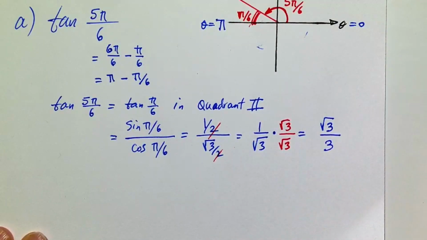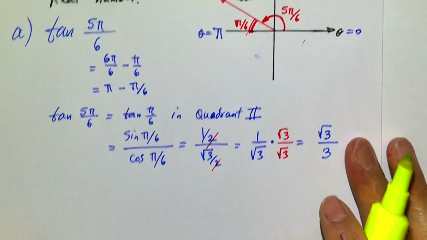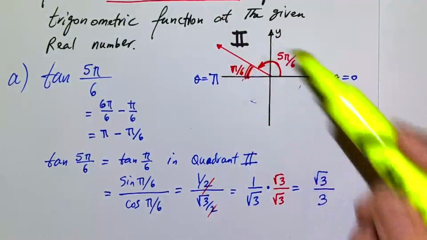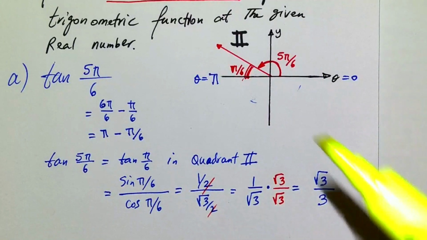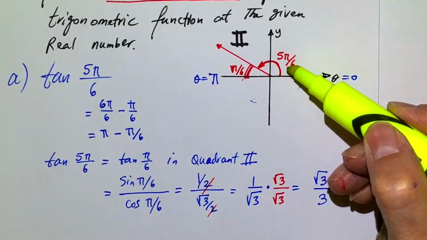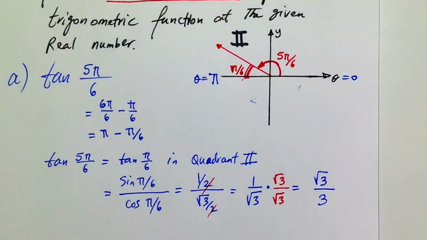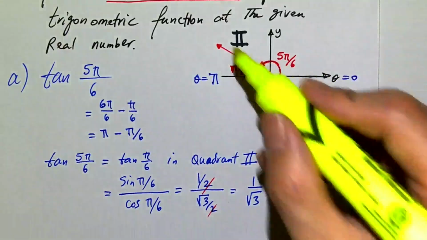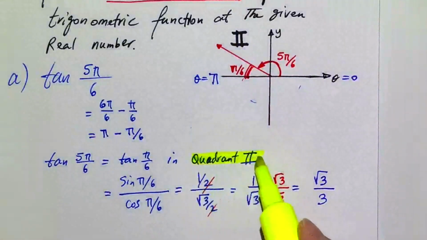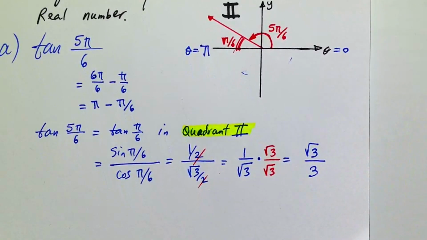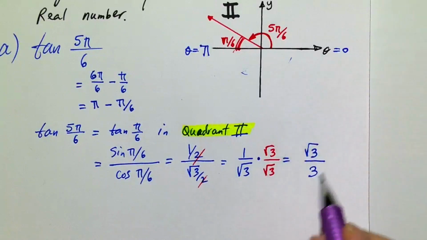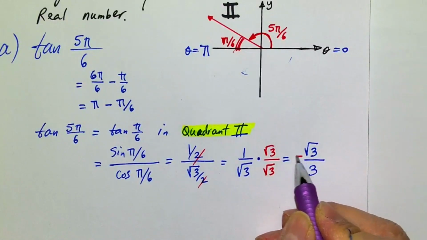Am I done? No. That's why it's important for you to remember that what you're calculating here is the reference number, not tangent of 5 pi over 6. So what difference does that make? The sign, the algebraic sign. In quadrant 2, the tangent is negative. So because of that, we have to put a negative here.